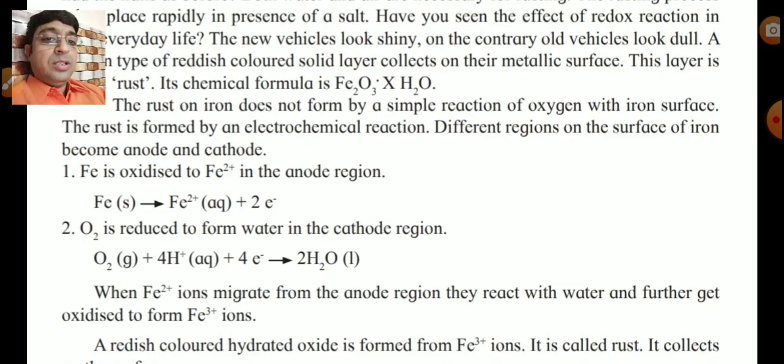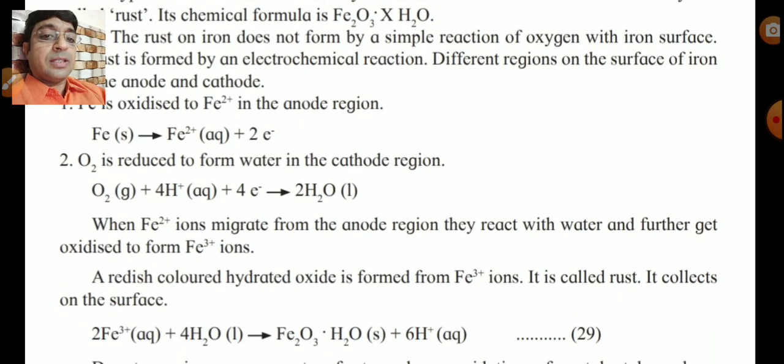O2, oxygen, is reduced to form water in the cathode region. So O2 in gaseous state plus 4 hydrogen ions in aqueous state plus 4 electrons added form 2 H2O, that is 2 water molecules in liquid state.